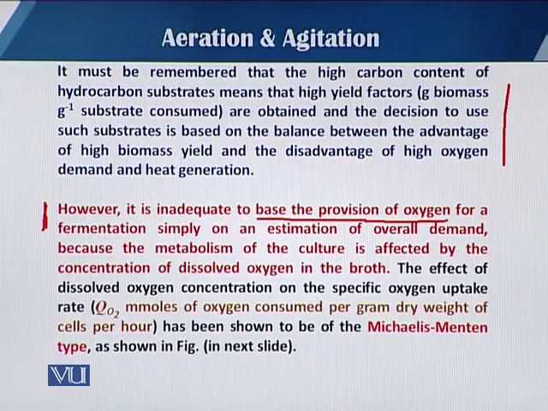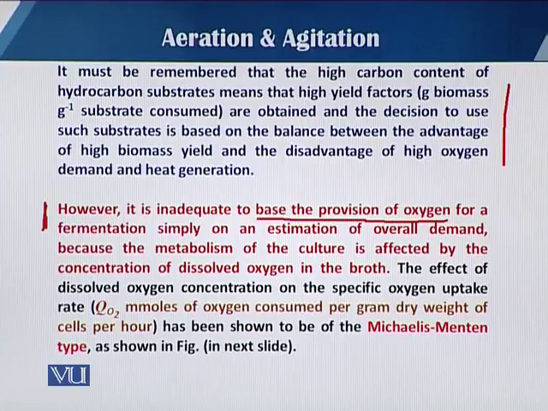So if we want to estimate the overall oxygen demand of the fermentation process, it is very difficult to calculate. But because during the fermentation process the oxygen demand keeps increasing, we can say that it varies with the passage of fermentation time.